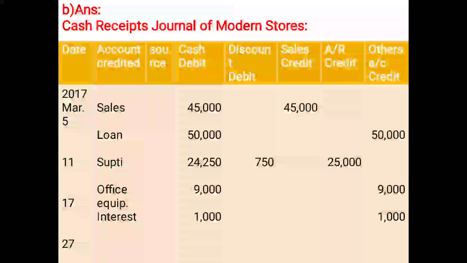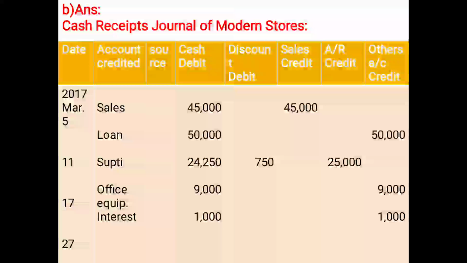From the format, you know there are totally 8 columns in the cash receipt journal: date, account credited, source, cash account debit, discount account debit, sales account credit, accounts receivable or debtors account credit, others account credit.